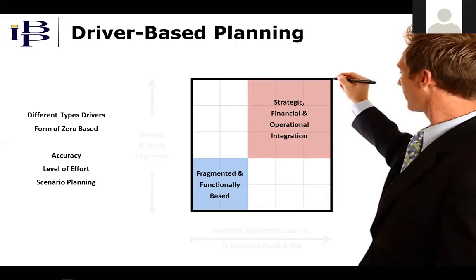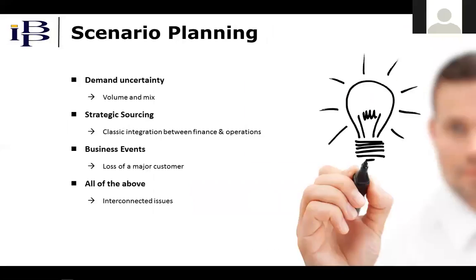I think this integrated planning is a more sophisticated form of zero-based budgeting or planning. And as you move up in maturity, these driver-based planning models give you a different level of accuracy. The level of effort to maintain them goes down, and the level of scenario planning accuracy goes up as you move up the maturity level.